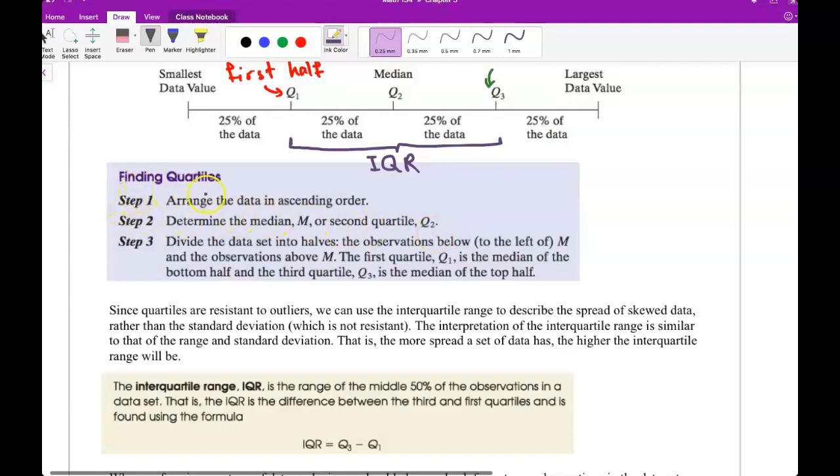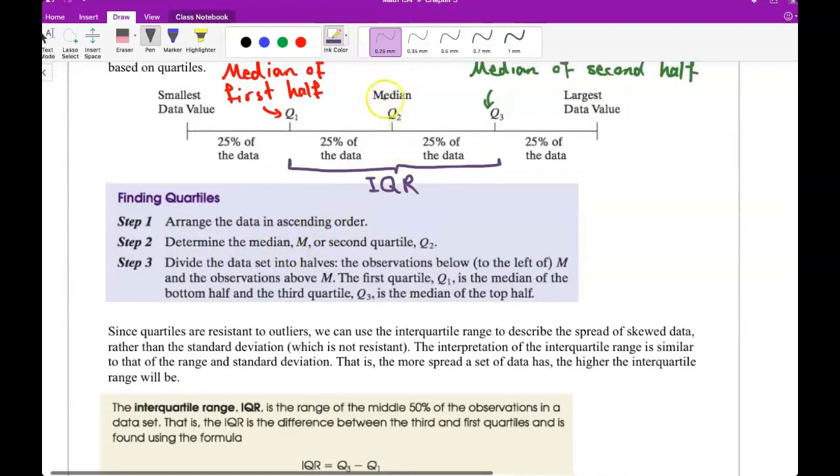Next part, finding quartiles. These are the steps. First step, arrange the data in ascending order. Second step, determine the median. So we should find that part first, or second quartile. So median or second quartile. Step 3, divide the data set into halves, the observations below, to the left of the median, and the observations above the median.